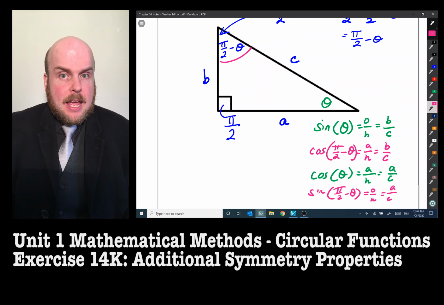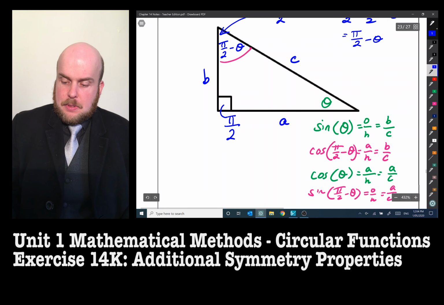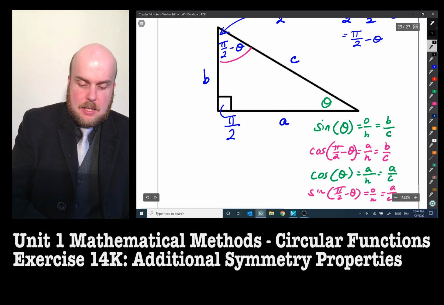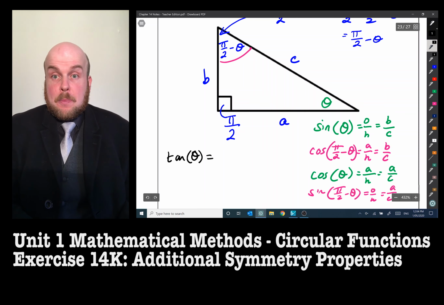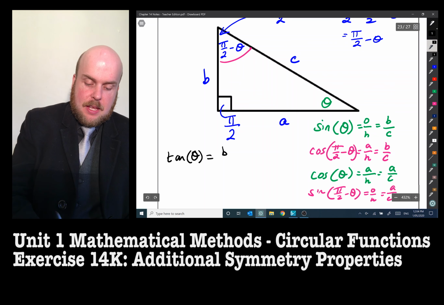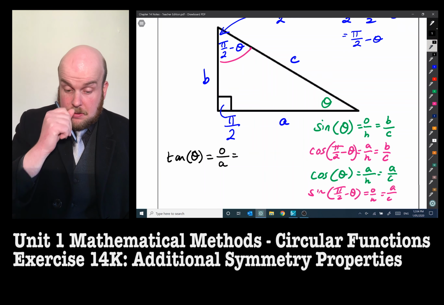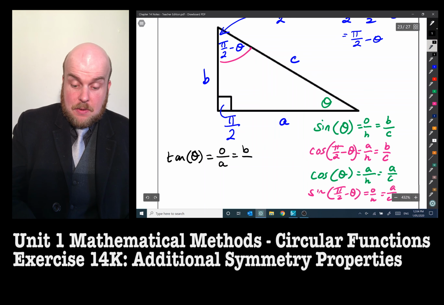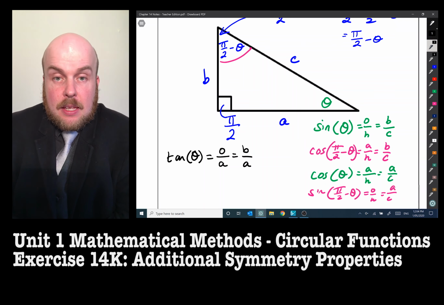As for the tan, where did we pull the tan from? So tan of the angle, we know, is equal to opposite over adjacent. So let's write that down. Tan of the angle is equal to opposite over adjacent, which is equal to B over A. So here we go, there's the value there.